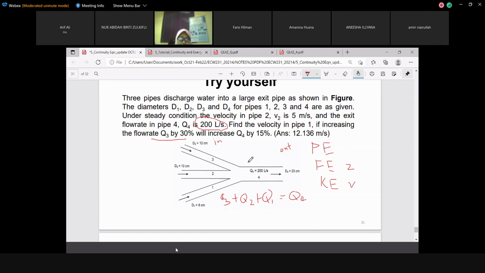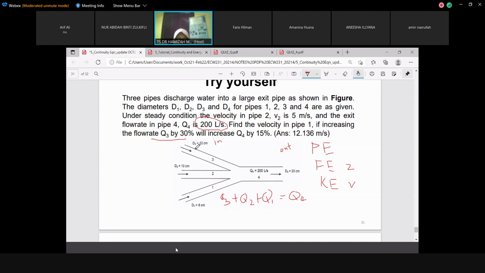Untuk soalan berkaitan dengan pipe macam ni, dia tak ada melibatkan different pressure. Sebab this one is the pipe from the horizontal plane. If you still remember, kita ada vertical punya plane ataupun horizontal. So bila you tengok kat sini, you nampak macam ada elevations kan? 1, 2, 3 nampak macam different ketinggian.